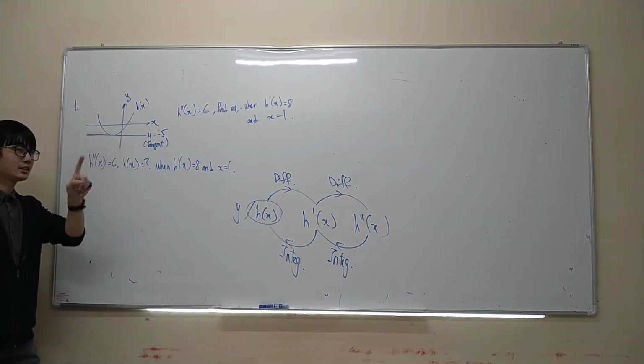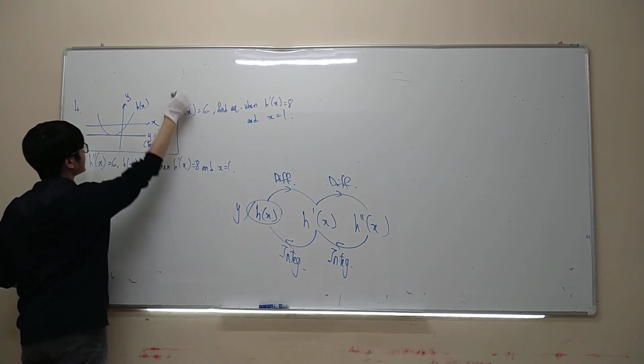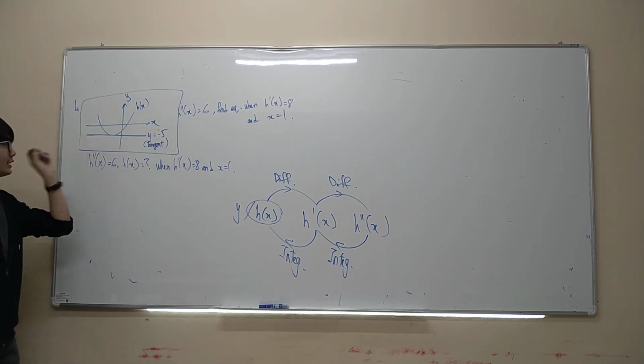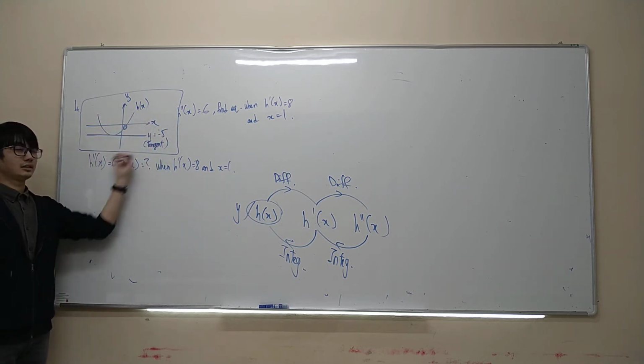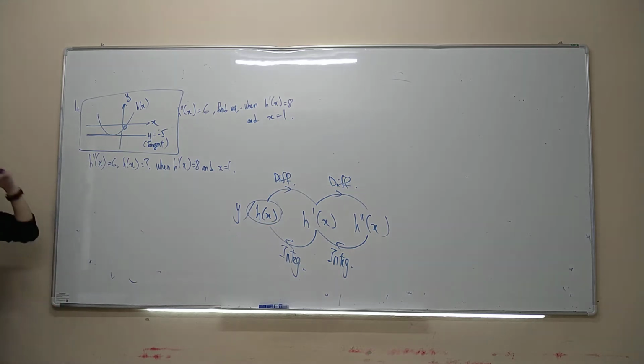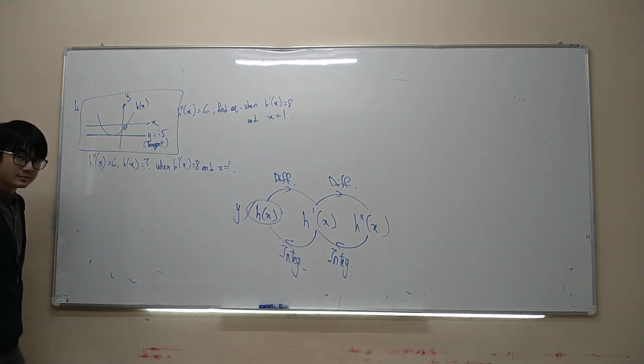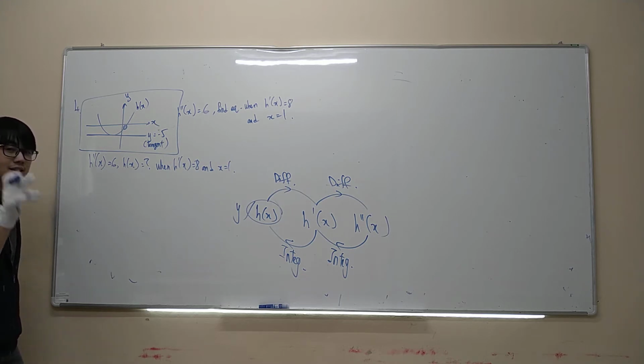But don't forget the secret information. Look at the diagram. There's another piece of info and it is very important. What info can I get from the diagram? The turning point. The y coordinate of the turning point.